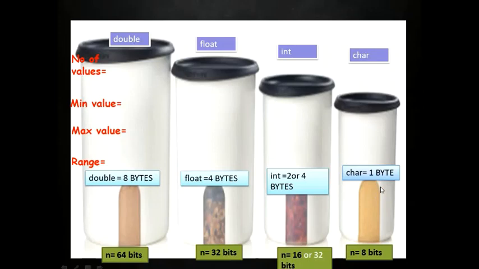To help you, I have said that char is 1 byte, n is 8 bits. We've already done for char, so taking that as an example that you could refer to, you would have to do for int, for float, and for double. Int on some systems takes 2 or 4 bytes, so 16 or 32 bits. Float 4 bytes, double 8 bytes.